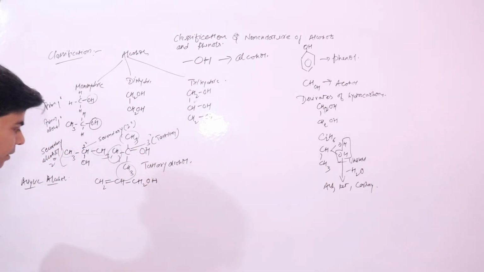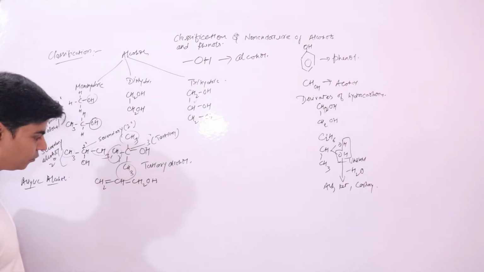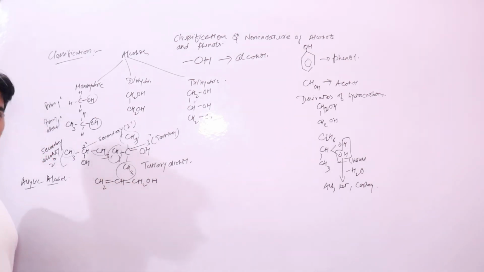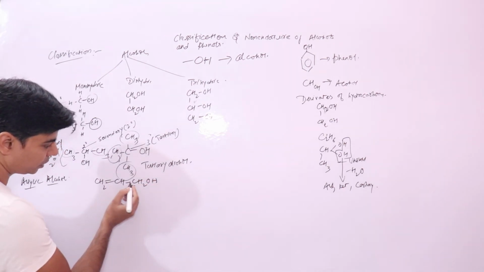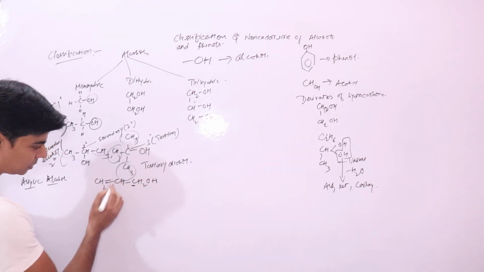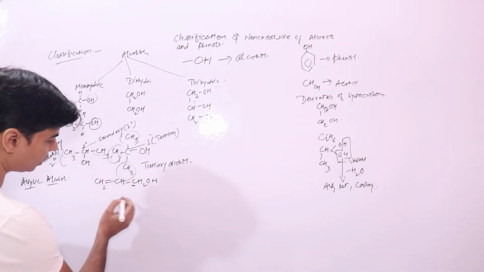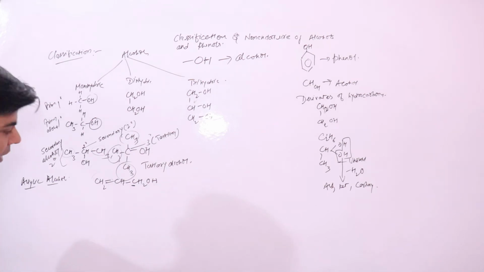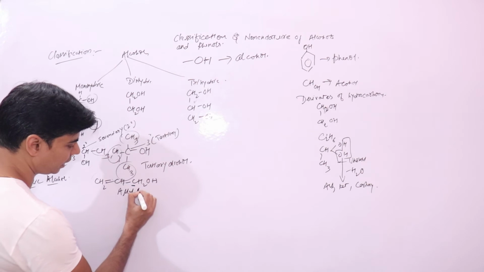Now here you can see the OH is attached to the carbon atom which is connected to this doubly bonded carbon atom. When this OH is attached to the carbon atom which is further attached to the doubly bonded carbon atom, this is your allyl system, and this alcohol would be called allyl alcohol.